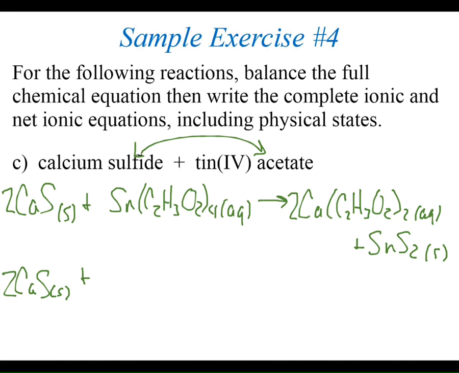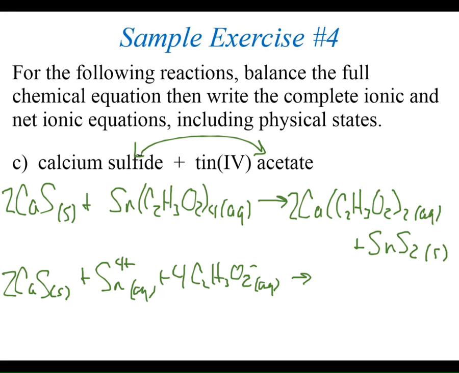What do I do with the tin and the acetate? So that's aqueous, so I break it up. Tell me what ions it's making. They better be ions. Sn4 plus aqueous, good, and 4 acetates, 4C2H3O2 negative aqueous, good. Okay, what do I do with the 2 calcium acetate aqueous?